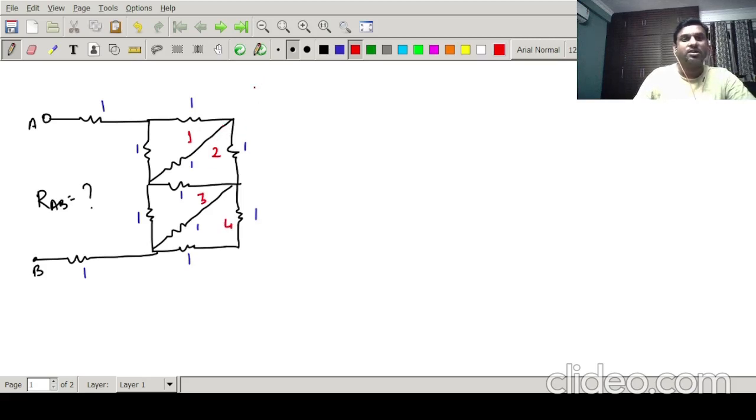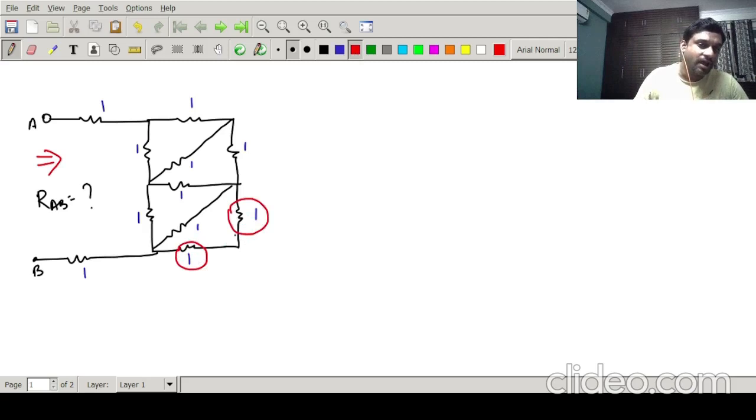Here I am giving hints to convert this circuit from delta to star. When we approach this type of numerical, we have to look from the terminals A and B. When we look from the terminals A and B, you can see this resistance 1 and this resistance 1 are in series.